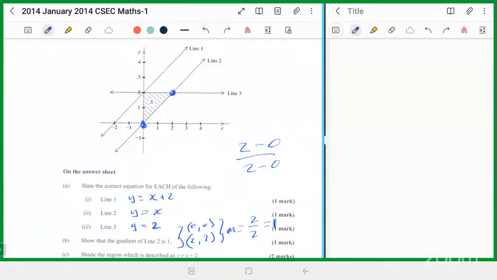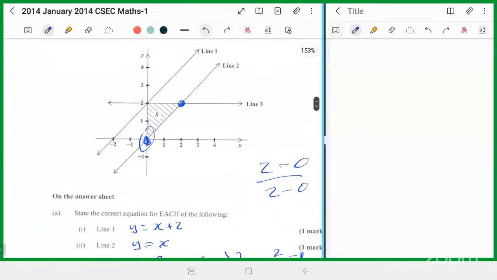I could look at the graph and say that from here to here, the rise is 2 and the run is 2. 2 over 2 is 1. Alright, that is it. So the gradient is 1.